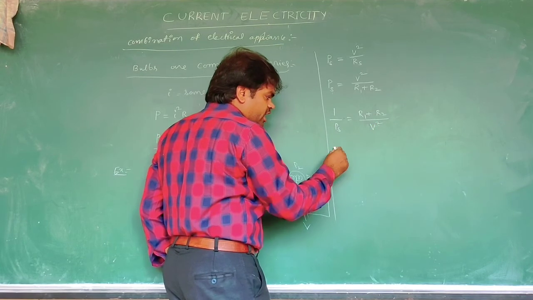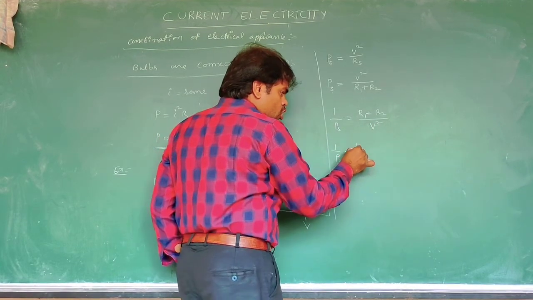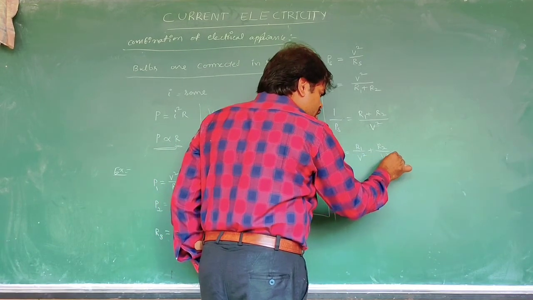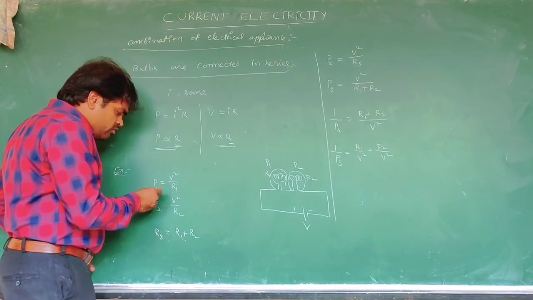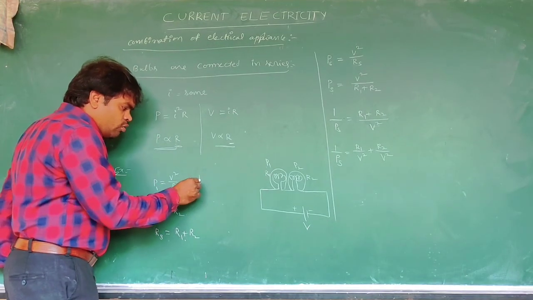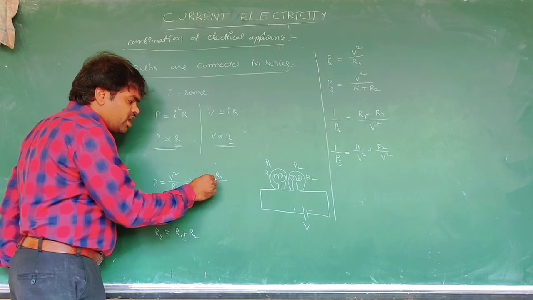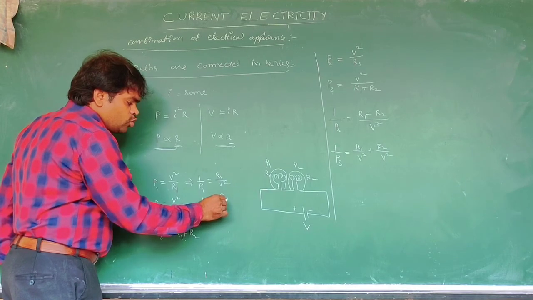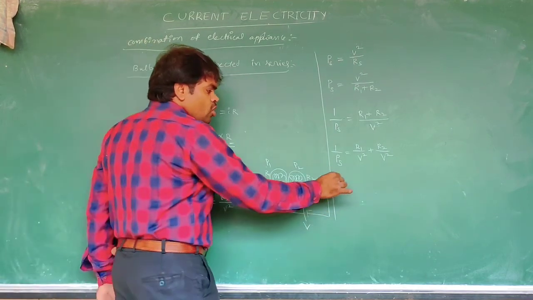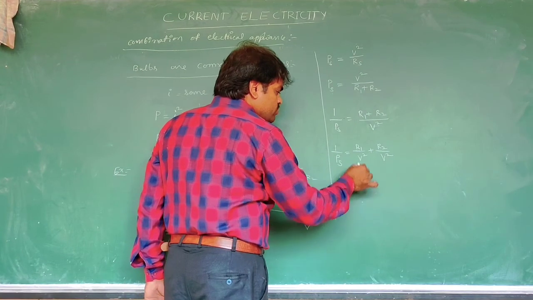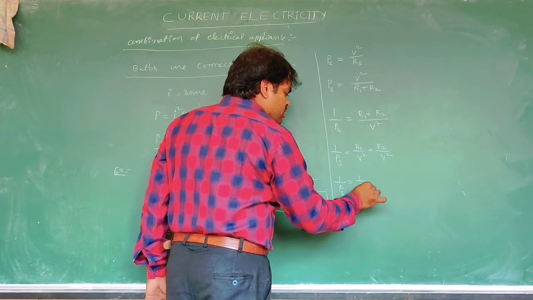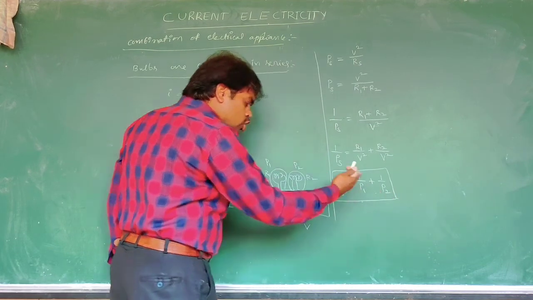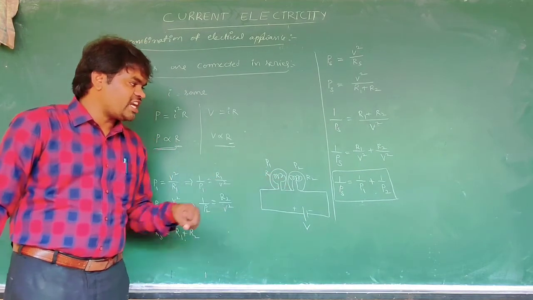Now split the numerator: 1 by Ps is equal to R1 by V square plus R2 by V square. Now 1 by P1 is equal to R1 by V square, and 1 by P2 is equal to R2 by V square. Then substituting, 1 by Ps is equal to 1 by P1 plus 1 by P2. This is for two bulbs or two electrical appliances connected in series.